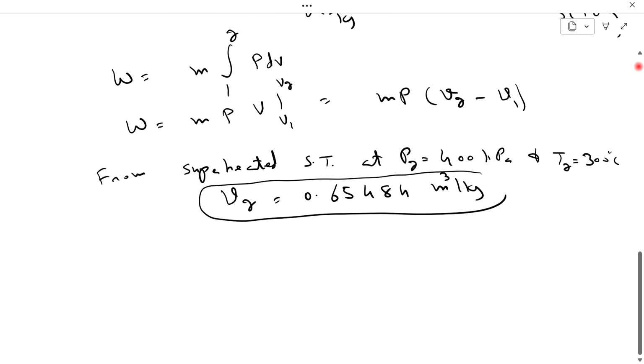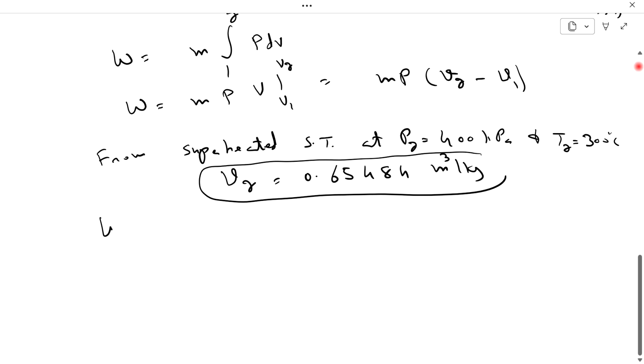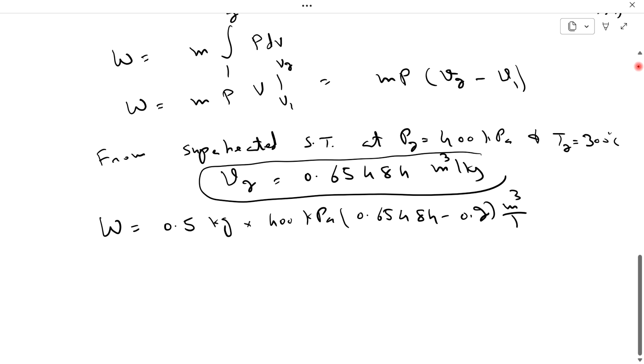So we put the values in the equation of work. Work is equal to M P times V2 minus V1. The value of M is 0.5 kilogram, pressure is 400 kilopascal, and V2 is 0.65484 minus V1, which is 0.2, with the unit of volume being meter cube per kg.